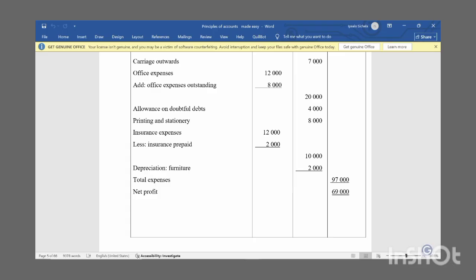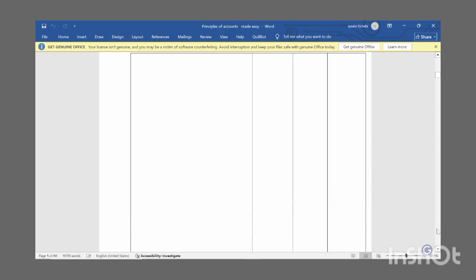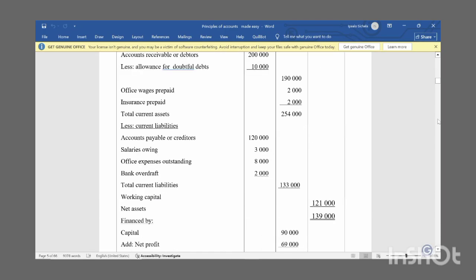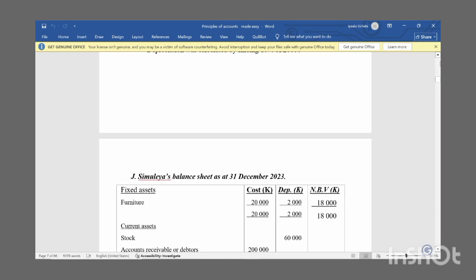Then we move on to the statement of financial position, also called balance sheet. The first thing I said we should do is always start with the title. Otherwise, you are more likely to forget the title completely. And mind you, they give you 1 mark for just writing a title. So why should you not write it?